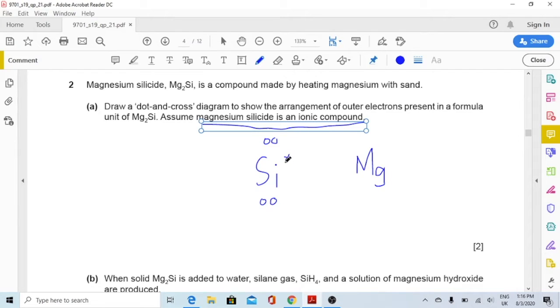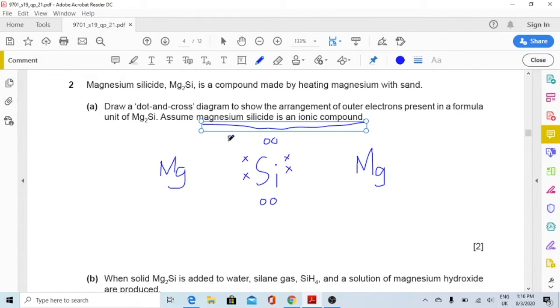So 2 of magnesium electrons will come here and the other Mg will be donating electrons the same way. So 2 of this Mg on the left will be here, 2 of the electrons over here.